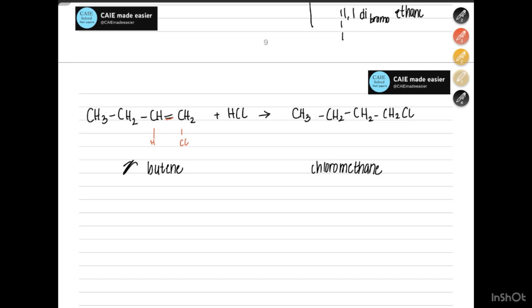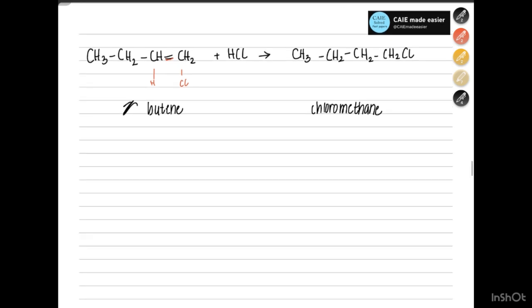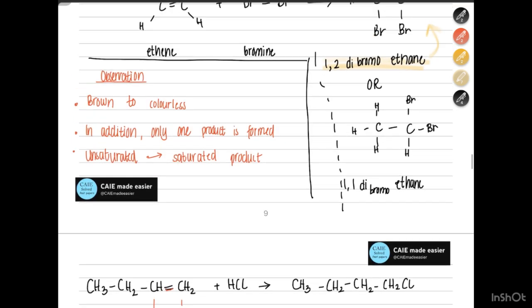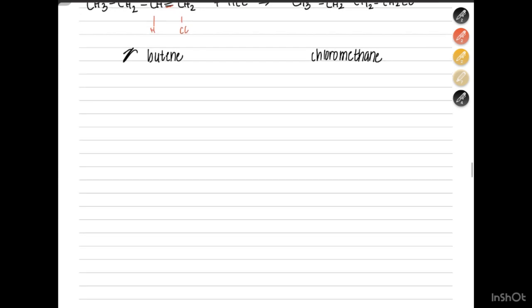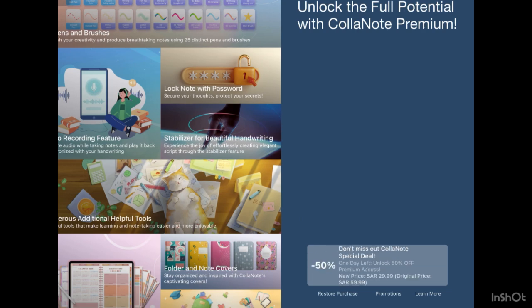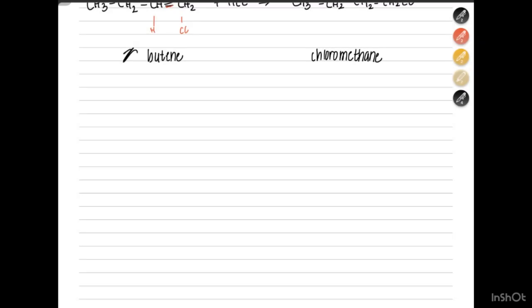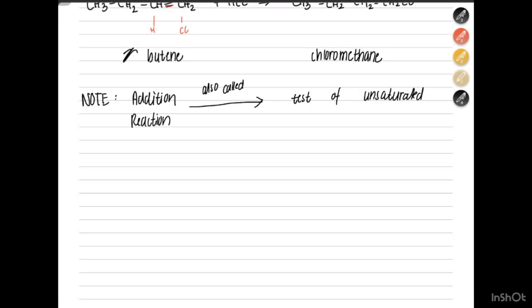Now one more important way to identify this reaction, which is called the addition reaction, has another name, and that is called test of unsaturation. Why?